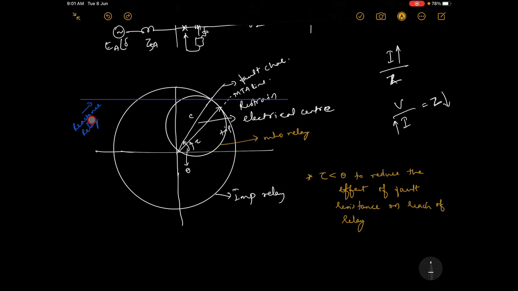In the reactance relay, the arc resistance is negligible, so it is used for small transmission lines. Why? Because in a small transmission line the impedance is almost comparable to the resistance. Small transmission line means resistance will be high and impedance will be less. Anyhow, the reactance relay is immune to arc resistance, so for small transmission lines we use the reactance relay.